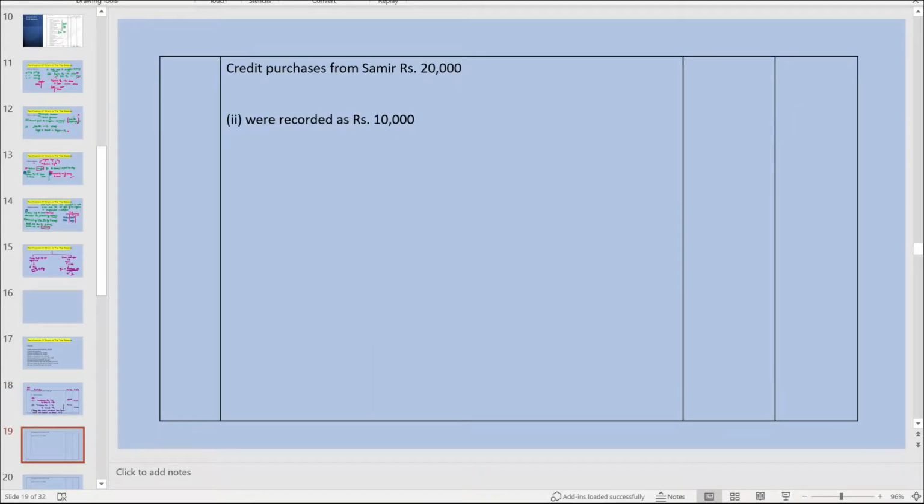Credit purchase, again credit purchases from Samir was 20,000 rupees, and it was recorded as 10,000. See, it is undercast. So for this, first my wrong entry, the wrong entry which is actually passed, is purchases account debit to Samir account, and the amount is 10,000.